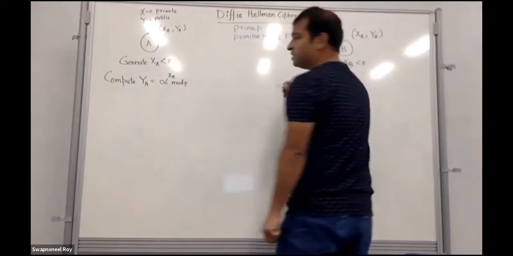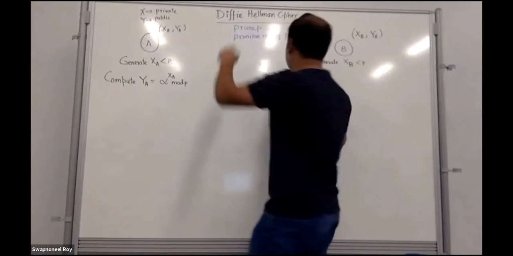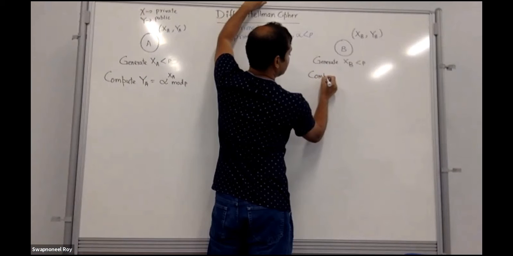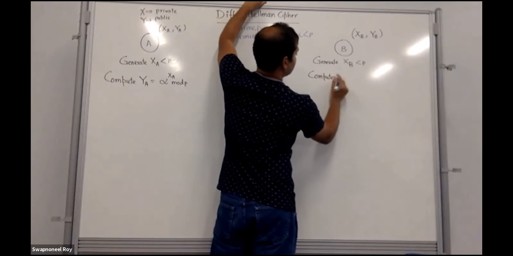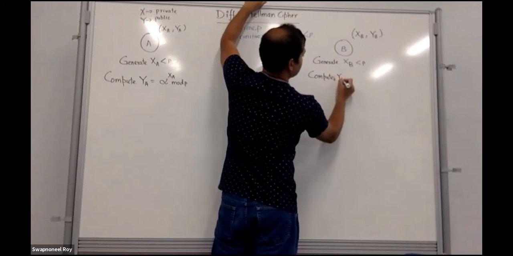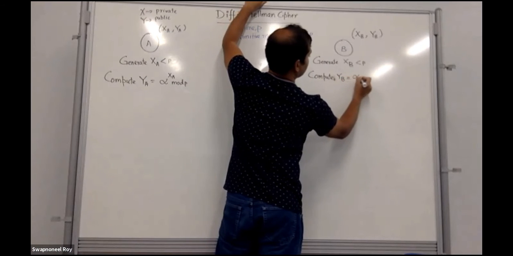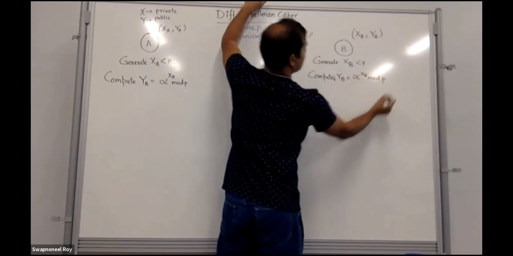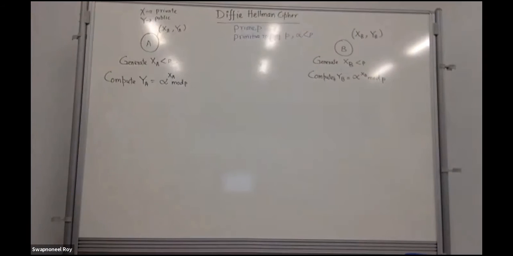And Bob simultaneously computes his public key YB as alpha to the XB mod P.